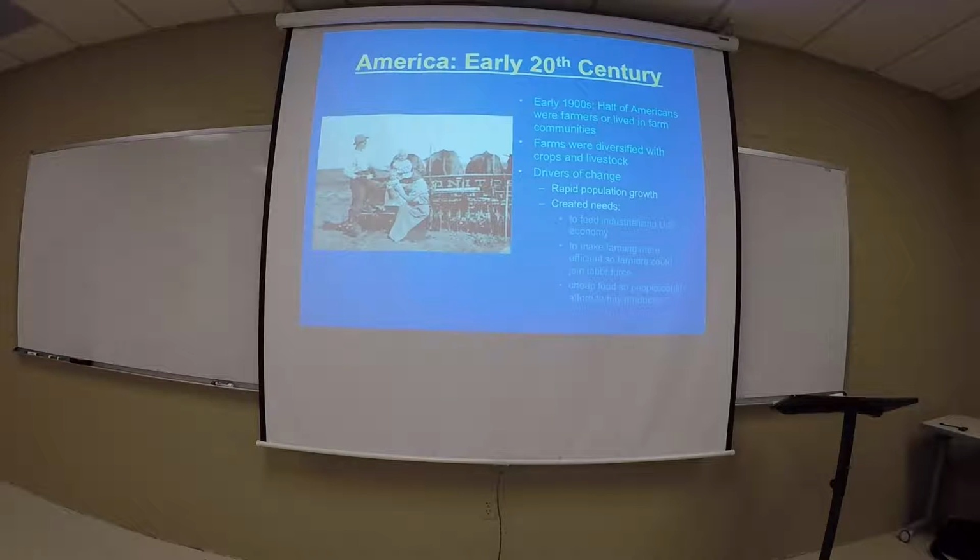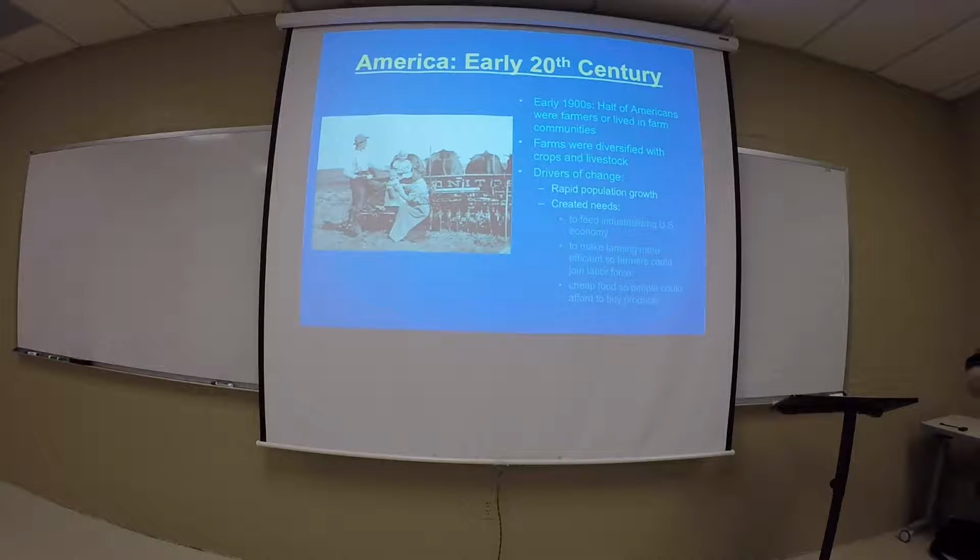But during this time, we started to see the industrialization of America, factories popping up, cities popping up, and so we had rapid population growth, and this created a lot of perceived needs at the time to feed the industrializing U.S. economy. Also, there was a need to make farming more efficient so farmers could join the labor force.